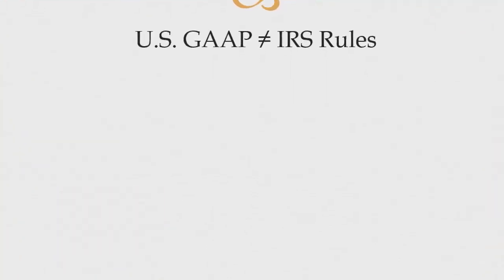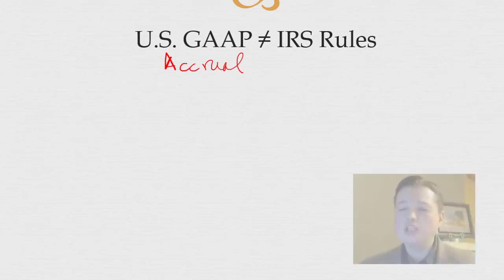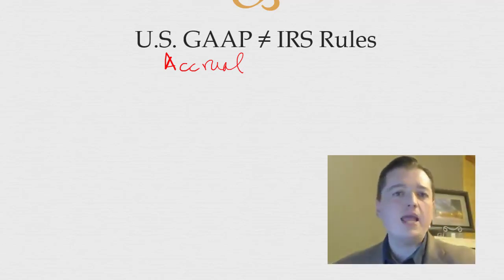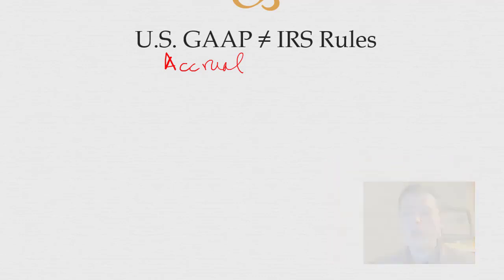The important thing to remember when you're dealing with US GAAP versus tax law is that US GAAP is based on the accrual concepts that we've discussed many, many times. This is what leads to all those adjusting entries that we make and all the different calculations and closing entries that we do at the end of each period that allow us to keep the cycle moving, even though cash hasn't gone out yet.